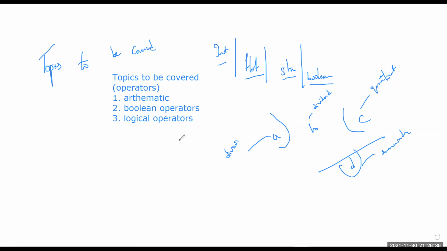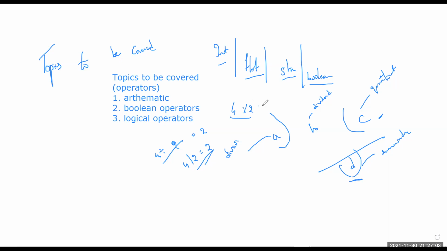Okay, if we say 4 divided by 2, what value are we going to get? We are going to get the quotient here. In the same way, in Python also 4 by 2 returns 2, which means it returns the quotient. And if I say 4 percent 2, it must return the remainder.